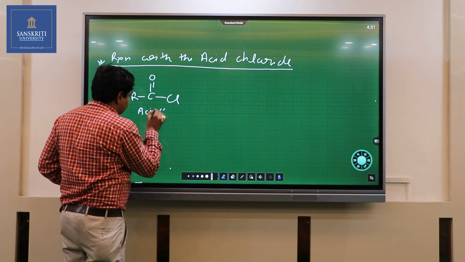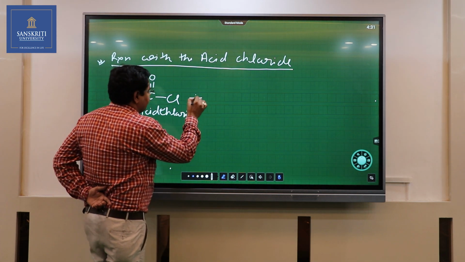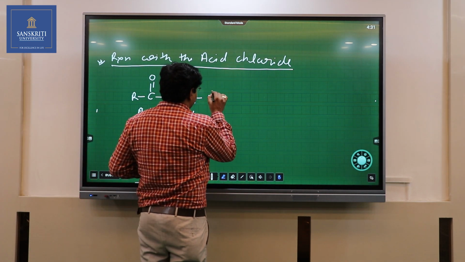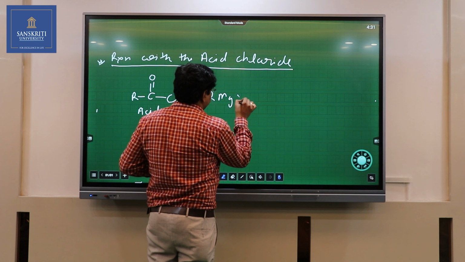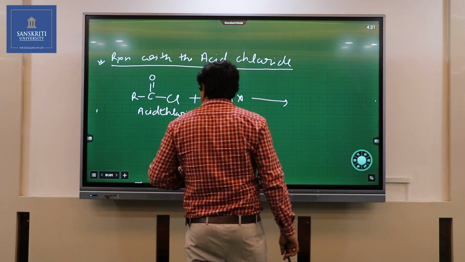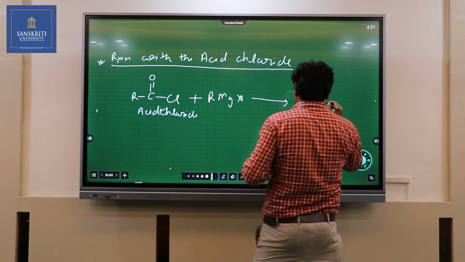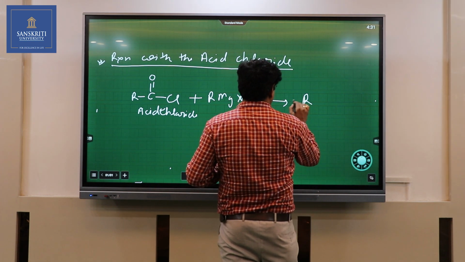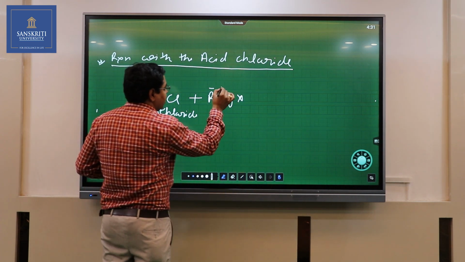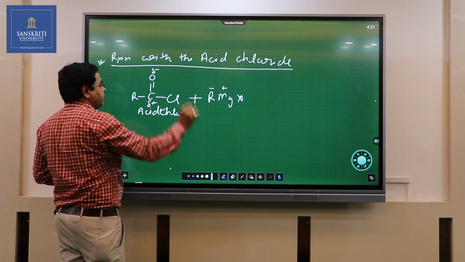The acid chloride reacts with RMgX, that is the Grignard reagent. See the mechanism: R represents a negative sign, and here this is positive.